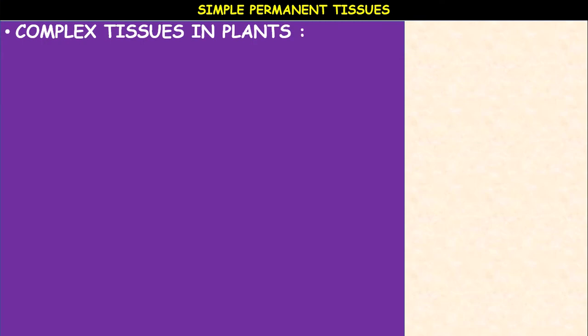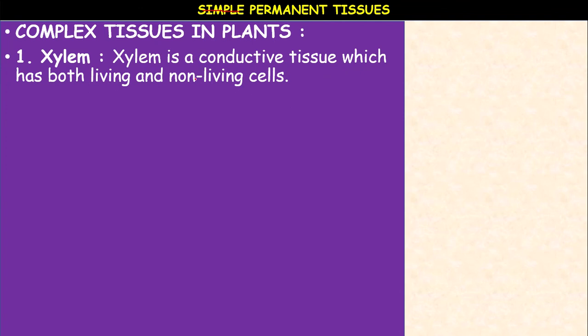Next, complex tissues. We have completed the simple permanent tissues. Now, complex permanent tissues. A complex permanent tissue is a tissue with more than one type of cells working as a unit, and the complex permanent tissues include xylem and phloem.